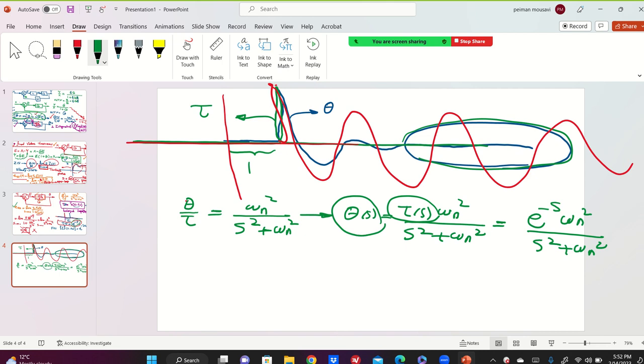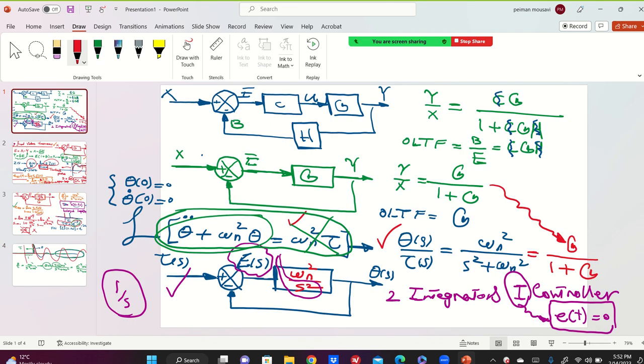So guys, I told you, you cannot solve this differential equation when here is the impulse, because you cannot solve the unknown.